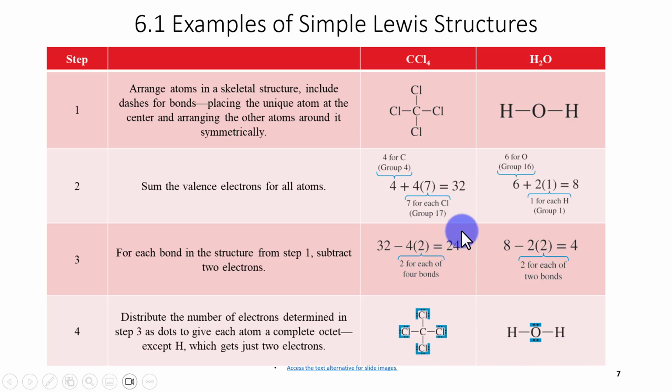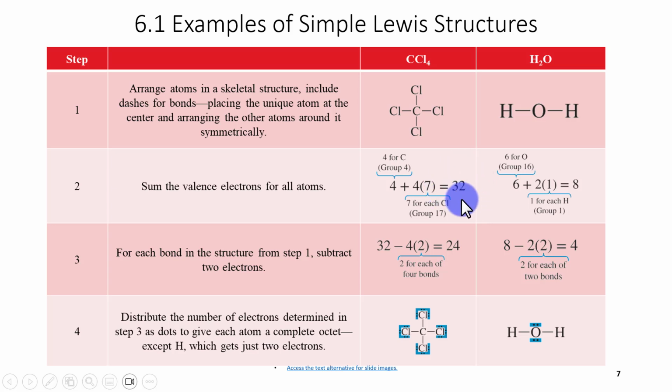Let's now distribute the 24 electrons that I have left over, the non-bonding electrons, in CCl4. Well, what if I distribute 3 lone pairs per each chlorine? 2, 4, 6 times 4, because I have 4 chlorines, 24 electrons.